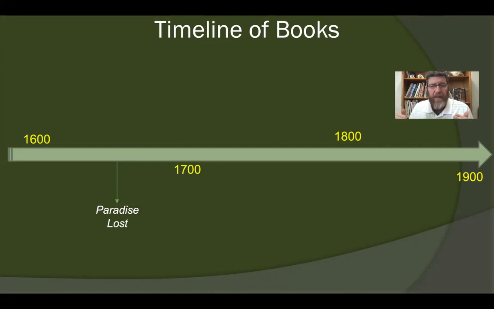But we did talk about Paradise Lost, late 17th century, 1670s. John Milton, remember we did that poetry unit. We did Pilgrim's Progress, which was published in 1678, John Bunyan. Remember we talked about the English Civil War, Charles I beheaded in 1649.